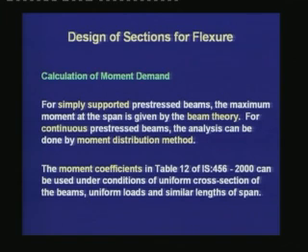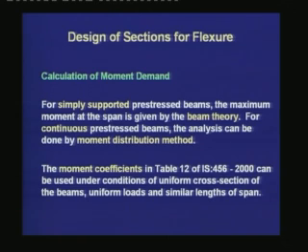For continuous pre-stressed beams, the analysis can be done by the moment distribution method. The moment coefficients in table 12 of IS 456-2000 can be used under conditions of uniform cross section of the beams, uniform loads, and similar lengths of span.